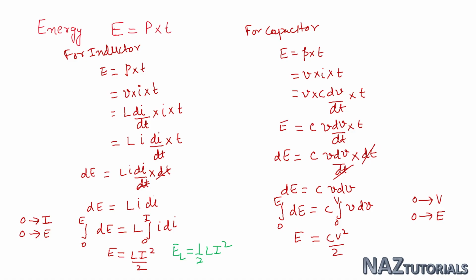Here we get the formula for stored energy in a capacitor, that is E_C is equal to half C V square. So this is the basic concept of power and energy in an electrical circuit.